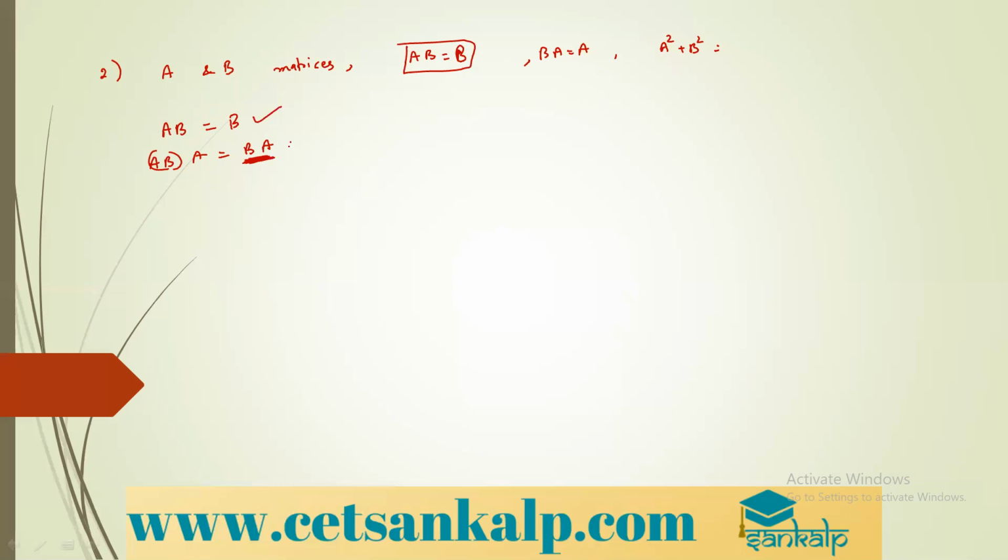Till here it is clear. Now what will be A into BA? A into BA. BA is A. So that means I am getting A into A.